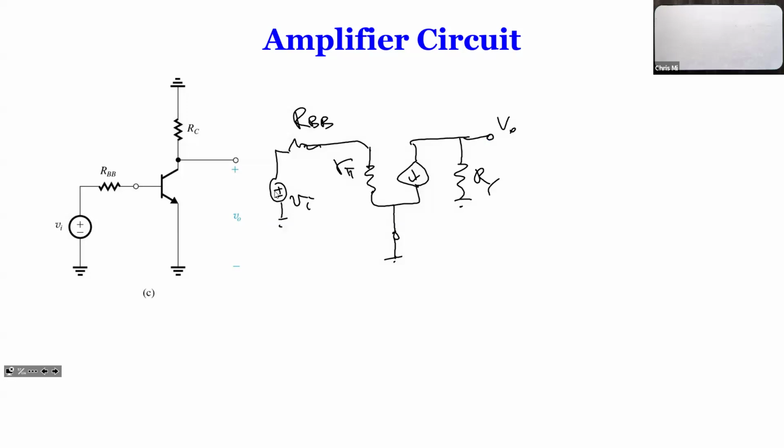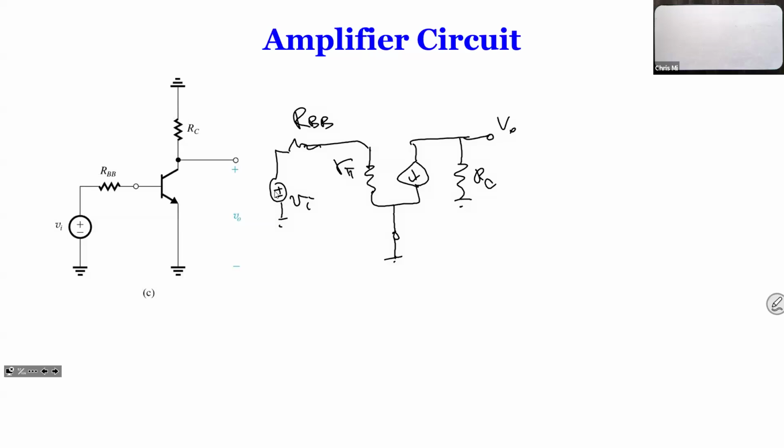So we got the equivalent circuit. The middle is our BJT. Our emitter is grounded. Our collector is connected to RC, to ground, and then our RBB is connected to the base, and we have r pi.